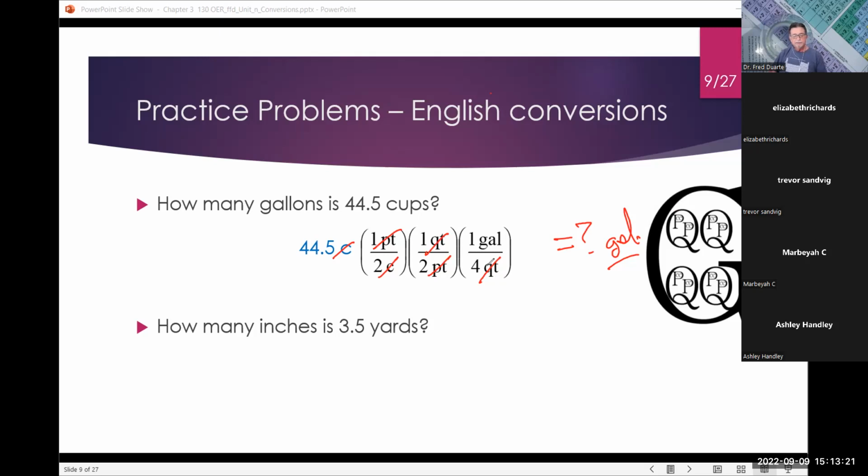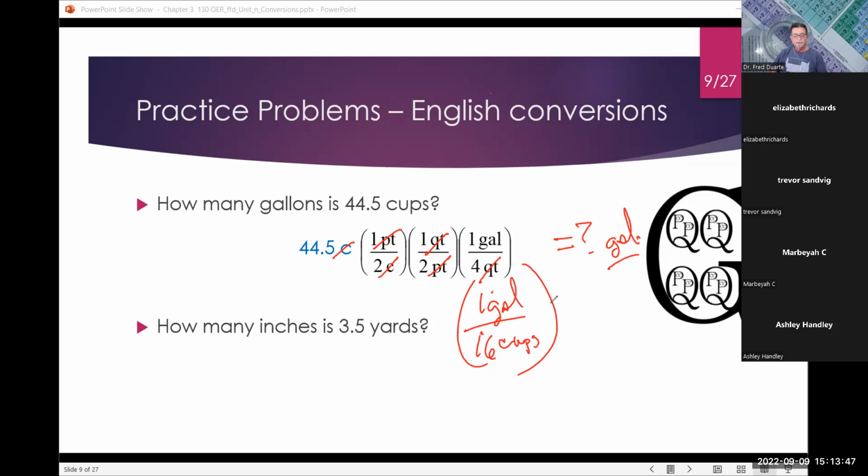By the way, if you think about it, I can also make one conversion factor: 1 gallon is equal to 16 cups. You don't see that? Using all this inside, gallon to cups, pints cancel, quarts cancel, leaving me gallons over cups. 2 times 2 is 4, times 2 is 8, times 2 is 16.